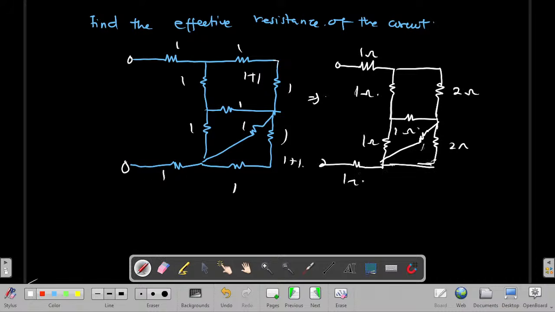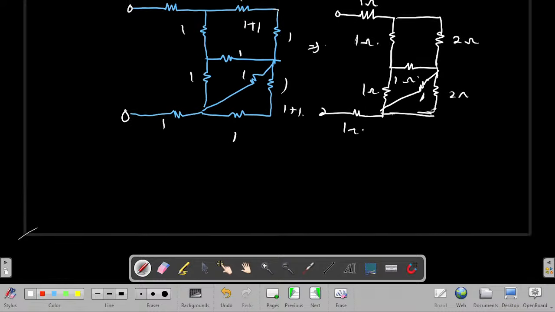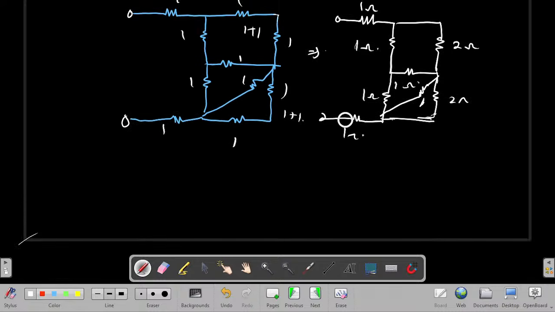So this is 1. Now, after doing the first series simplification, the next thing to think about is parallel. Is there any series again? There's no series. At the farthest part, this and this are not in parallel because this is a delta. But I can see that this and this here, 2 and 1, can be simplified. So that is my next move. When I simplify, I get 2 times 1 over 2 plus 1, which is 2 over 3.